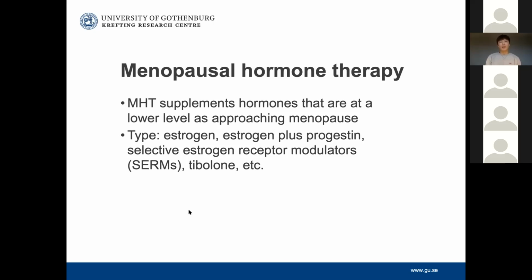There are many types of menopausal hormone therapy, and one is estrogen alone therapy, and another is estrogen plus progestin therapy. There are several other therapies, such as selective estrogen receptor modulators. But in our review, we are mainly interested in estrogen alone therapy and also estrogen plus progestin therapy, because those two are the classical types of hormone therapy.